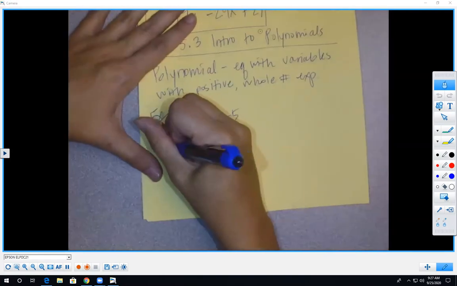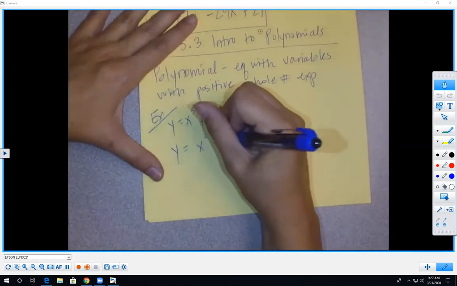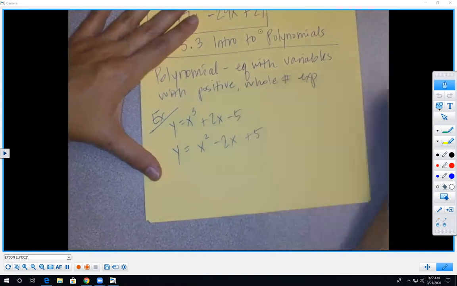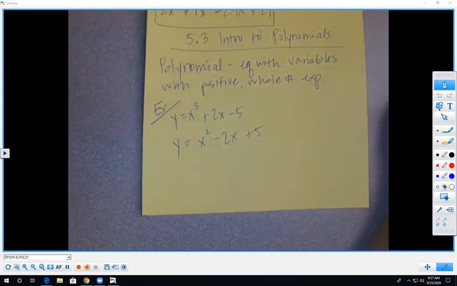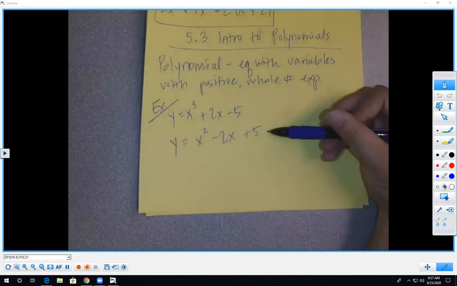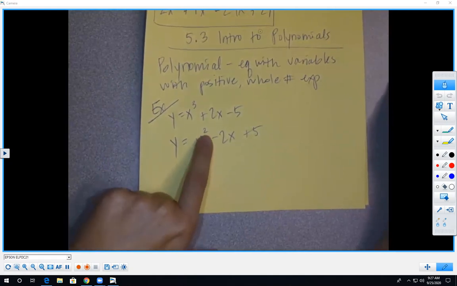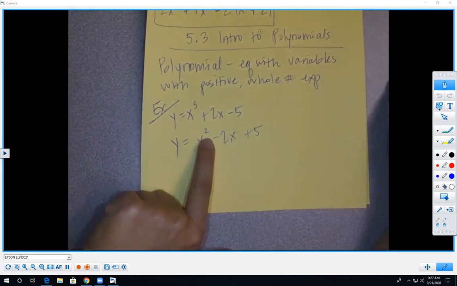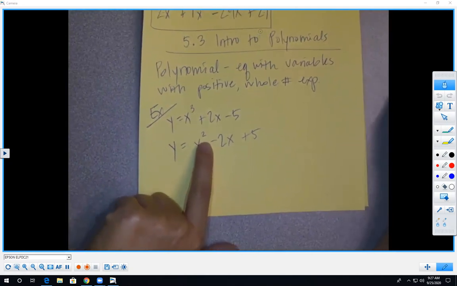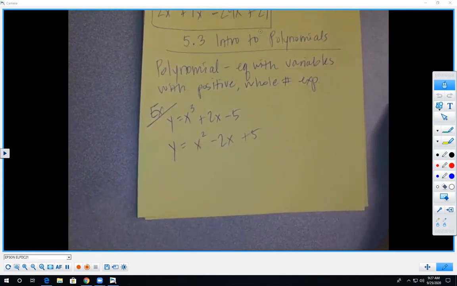Another example would be x squared minus 2x plus 5. It has variables. Are your exponents positive whole numbers? Yes. That specifically is what kind of function? A quadratic function, right? Because the highest exponent is 2. We're going to talk about that a little bit more in just a minute. So quadratics are actually considered a polynomial.